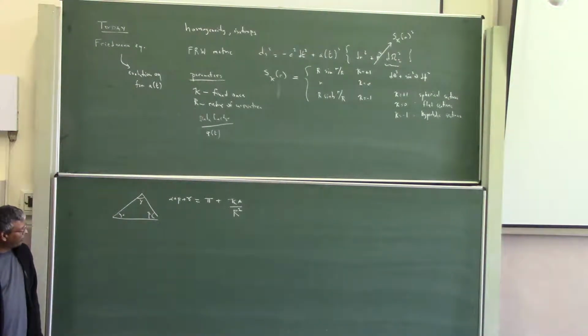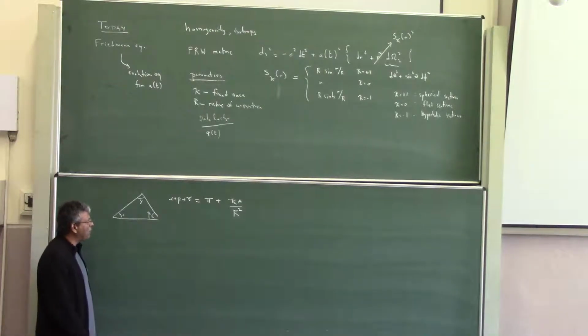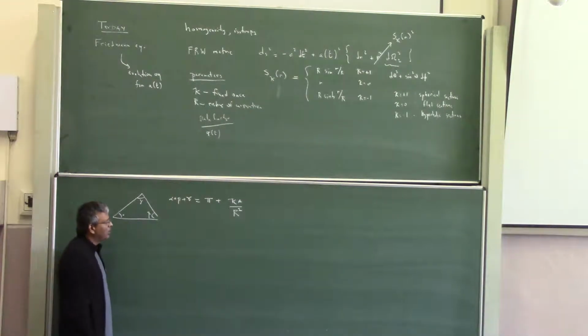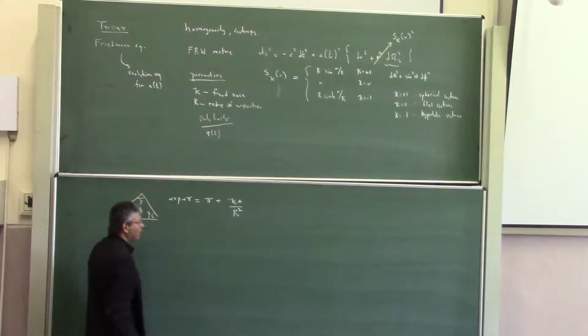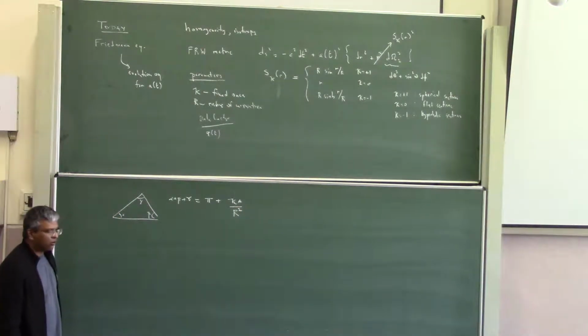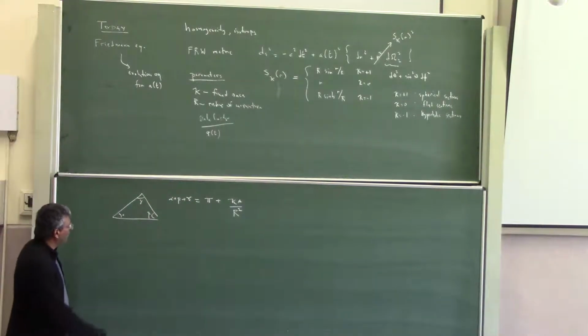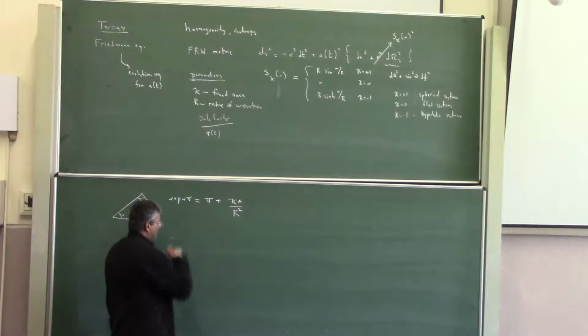But if we have a spherical space, the sum of the angles is bigger than pi, and if we have a hyperbolic space, the sum of the angles is less than pi. Now, this extra factor, kappa A over r squared, tells us a deviation from being pi.